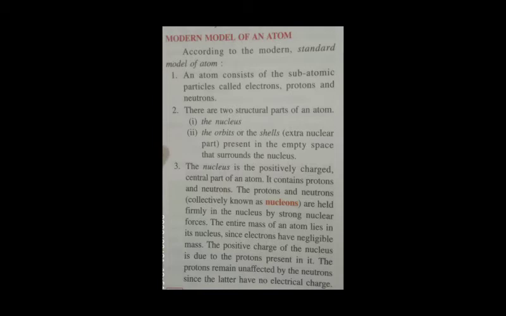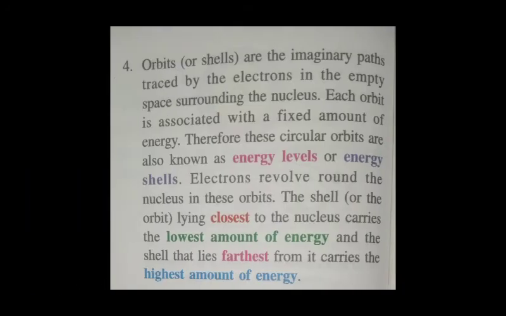And the nucleus, which contains protons and neutrons, these two together are called nucleons. Orbits, as I've told you, are also known as energy levels or energy shells. Electrons revolve around the nucleus in these orbits only.